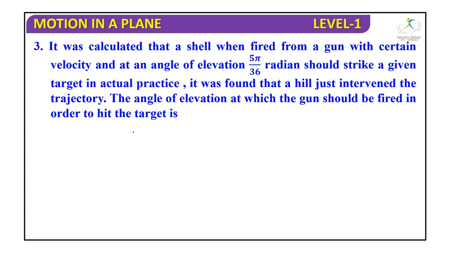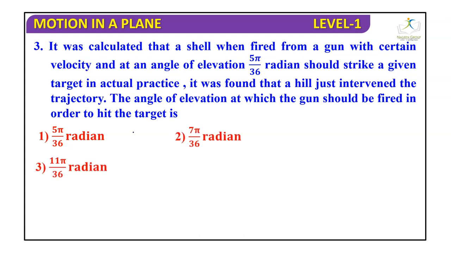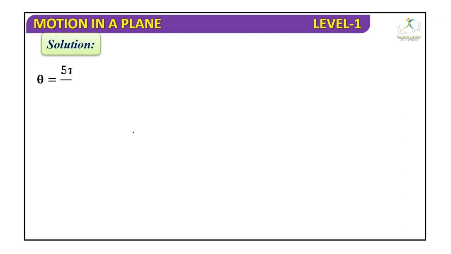The angle of elevation at which the gun should be fired in order to hit the target is: 5 pi by 36 radian, 7 pi by 36 radian, 11 pi by 36 radian, or 13 pi by 36 radian.